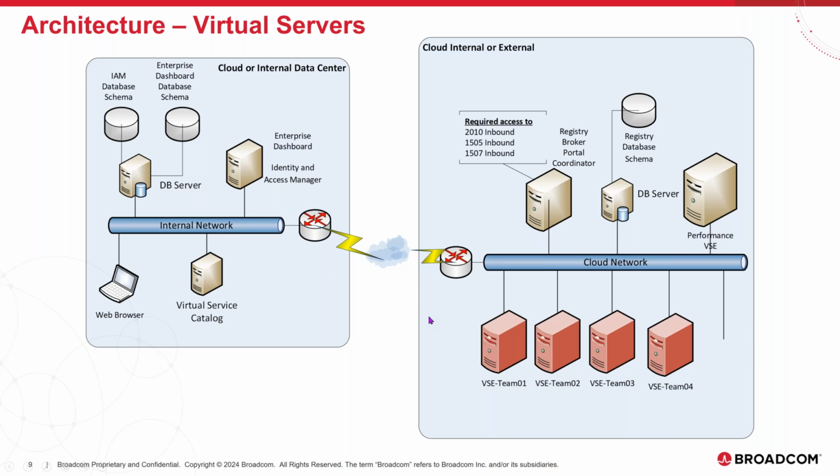So if you need one, you automate bringing up a virtual machine, loading the appropriate operating system that we support, and then loading DevTest onto that using our silent install method. And that can be automated so you could bring it up for a couple teams and bring them down when you don't need them. So that's with virtual servers.